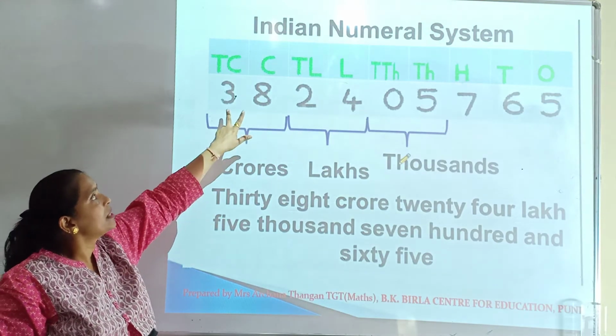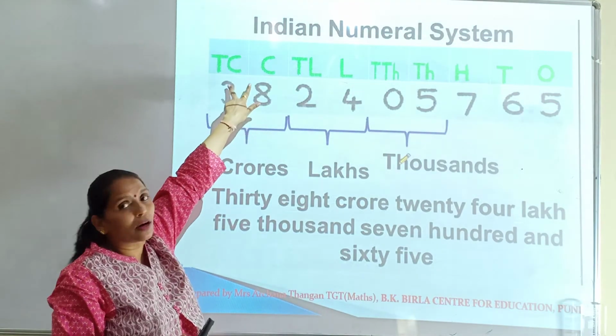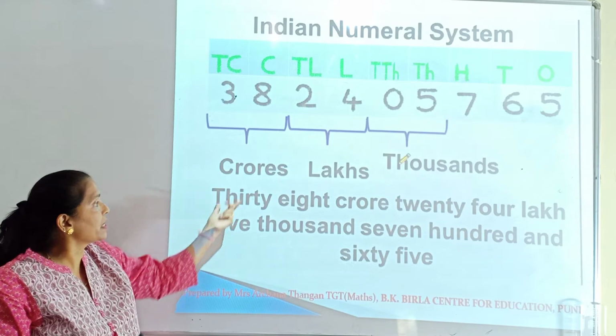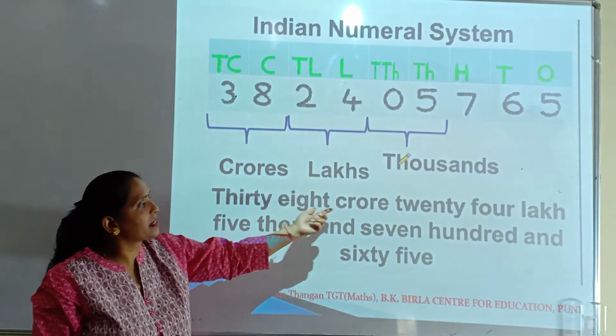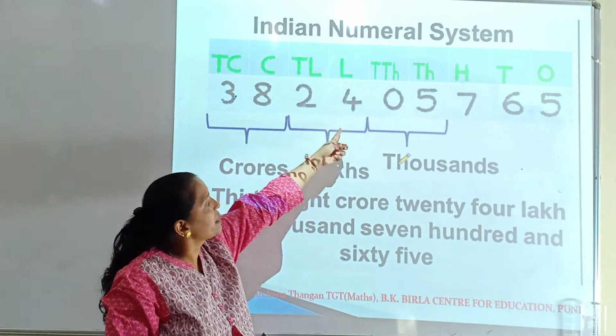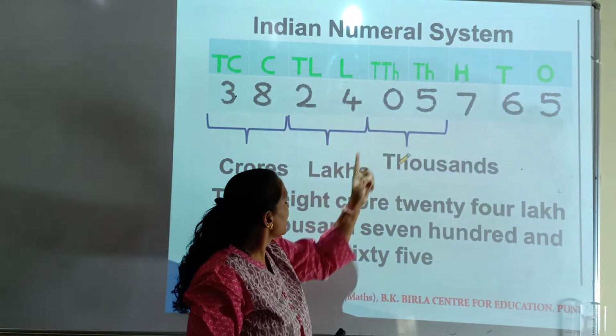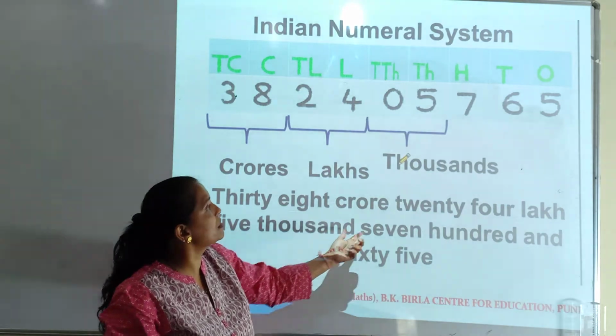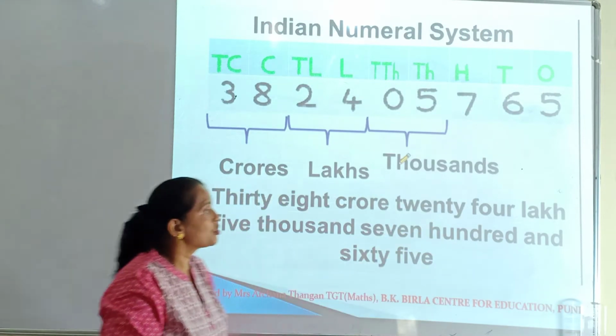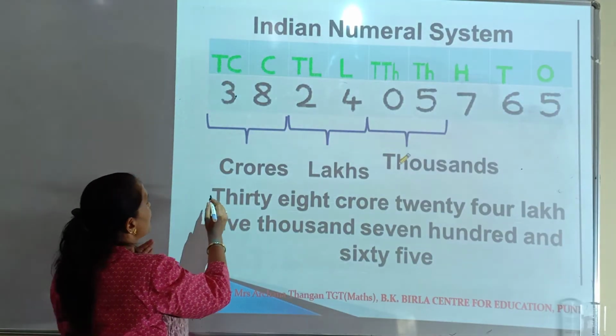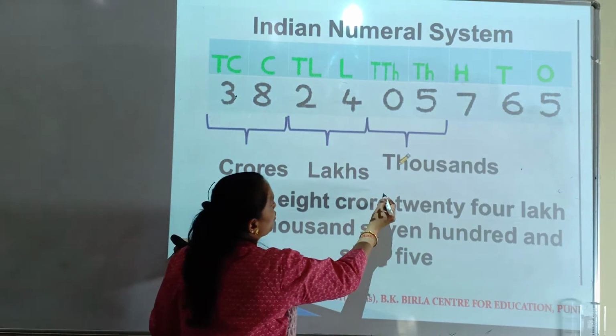So here 38 is in the crore place. So 38 crore 24 lakh 5,765. This number is also divided into 4 groups.